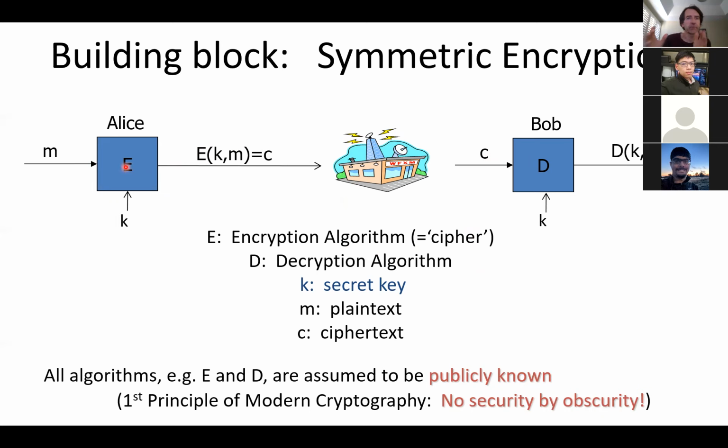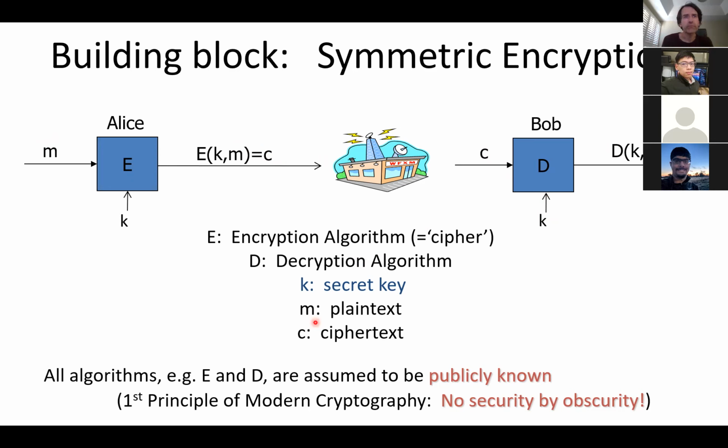It parses its inputs into a pair and treats the first element as the key and the second element as the message that is to be encrypted. And it outputs a ciphertext. The decryption algorithm also parses its inputs as a pair. The first element of the pair is the key, the second is the ciphertext, and it reverses encryption and decrypts.